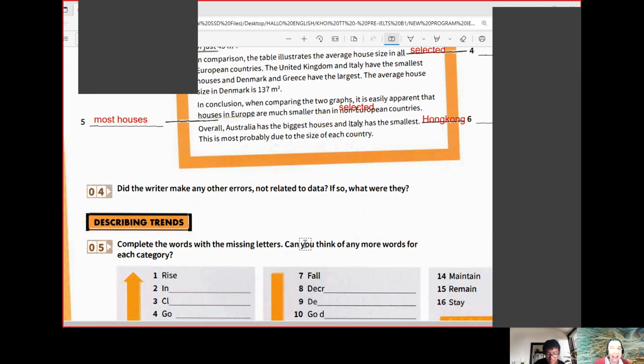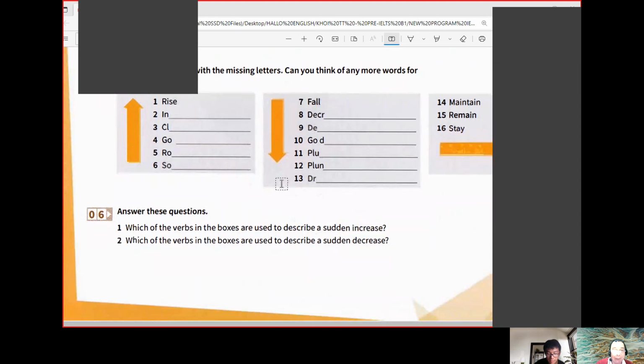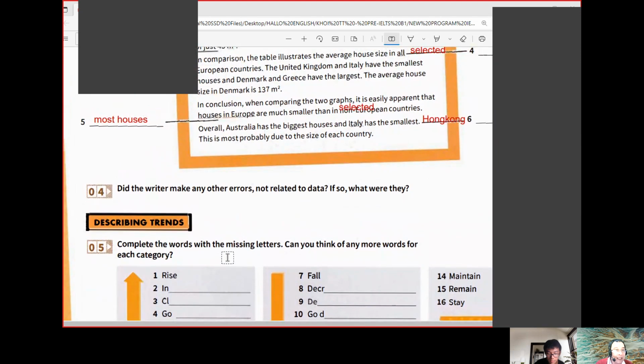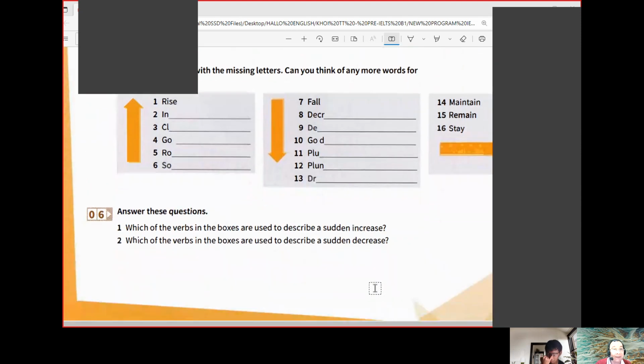Number 5: complete the words with the missing letters. Can you think of any more words for each category, Koi?